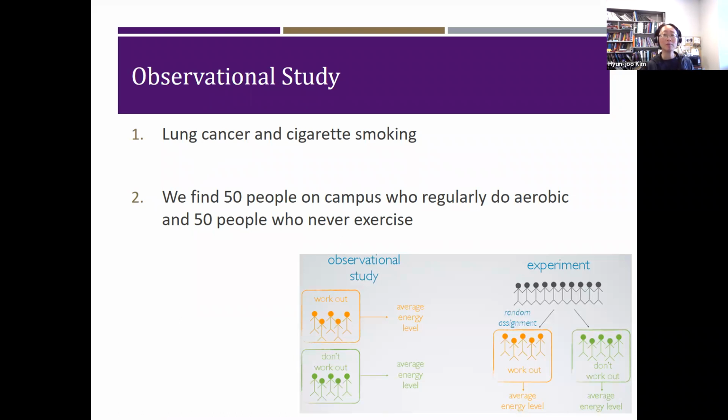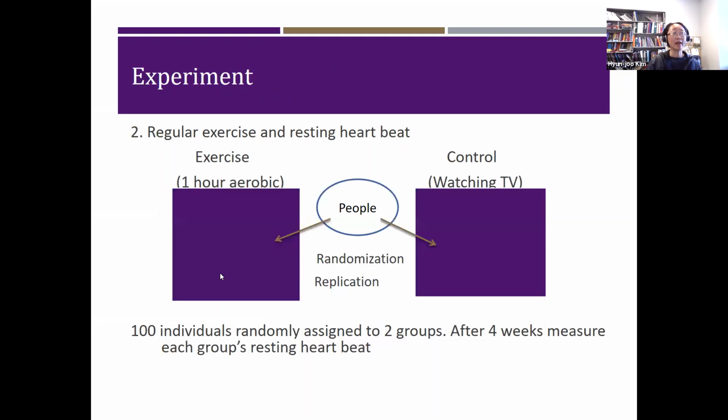We're going to talk about some observational study here. However, let's actually pretend that we want to do an experiment. For example, lung cancer and cigarette smoking. You want to know whether smoking cigarettes or not has anything to do with lung cancer. So your variable is whether you develop lung cancer or not, and you have two groups: a smoking group and a non-smoking group.